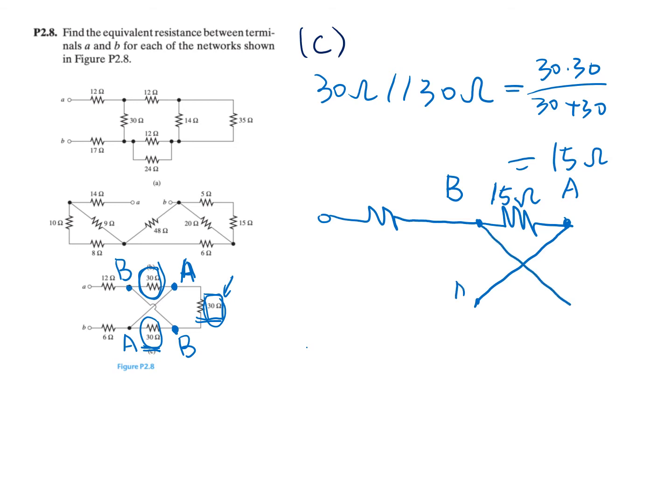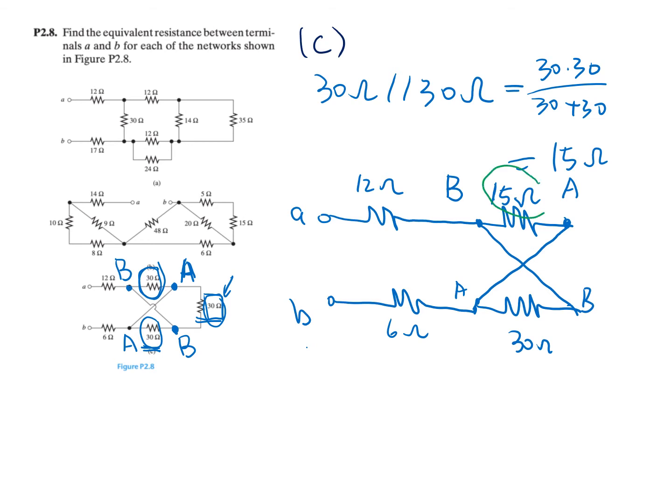This is node A, node B, and this is the 30 ohm resistor. Now we can see that again, these two resistors, 15 ohm and 30 ohm, share both node A and node B, so they are also connected in parallel.